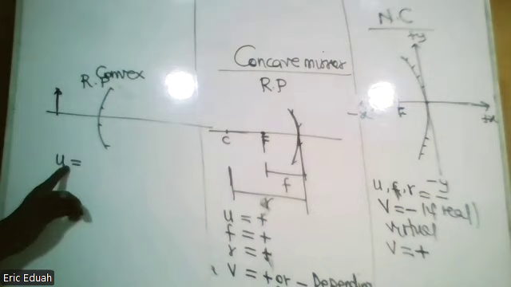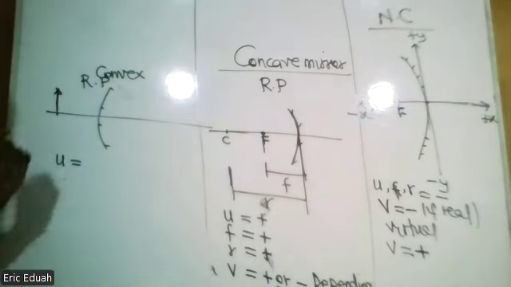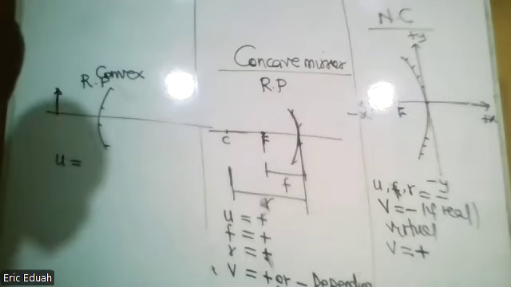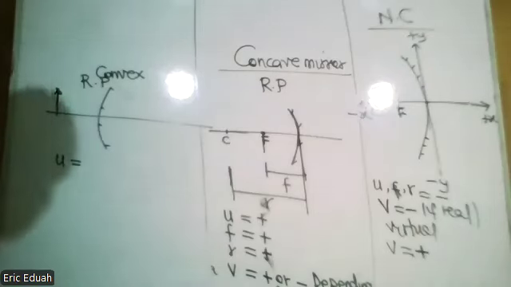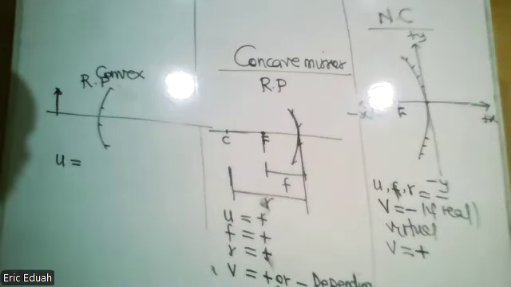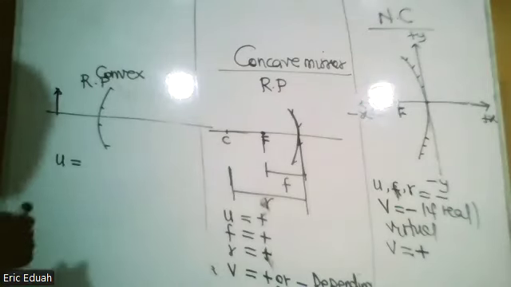Would it be positive or negative? RP. Positive. Pardon? Please, positive. Gabriel, the object is always real. So if you are using the RP convention, because the object is always real, it would be positive.